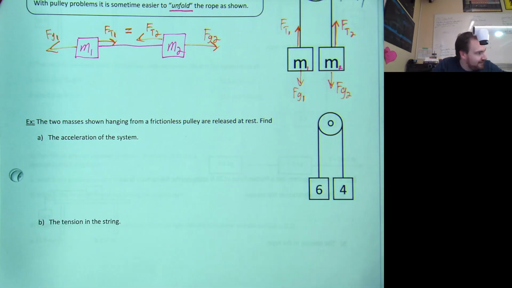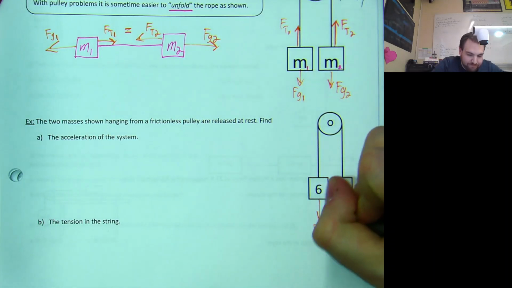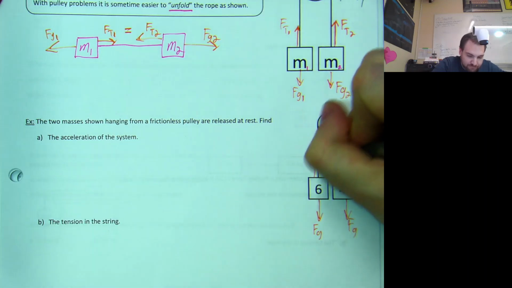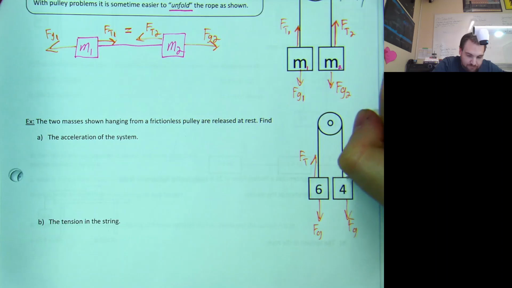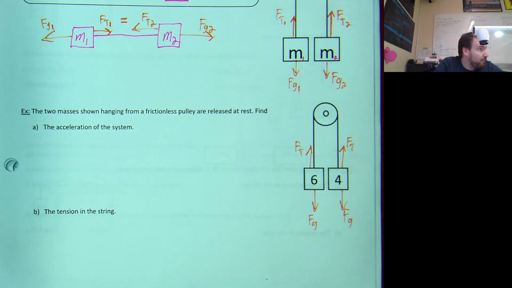Luis, what forces are acting on my blocks? Gravity, tension in the two ropes. It's the same rope. Yeah. So I just have to write FT once. Perfect.